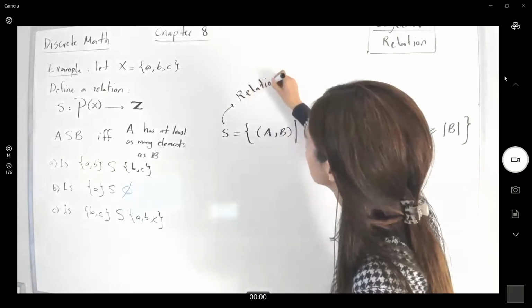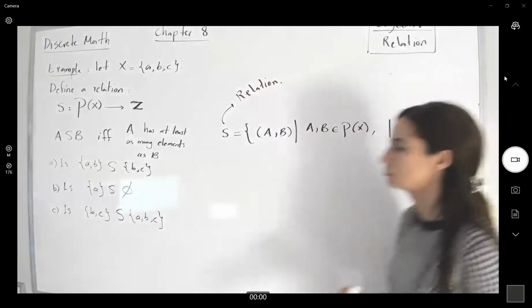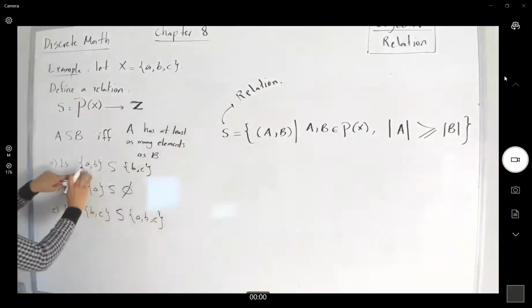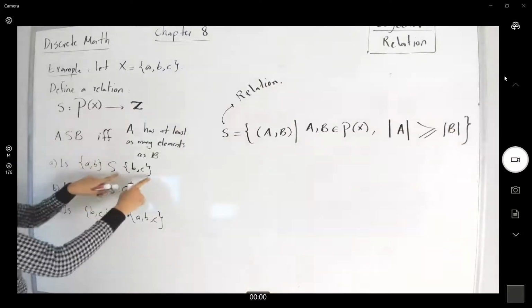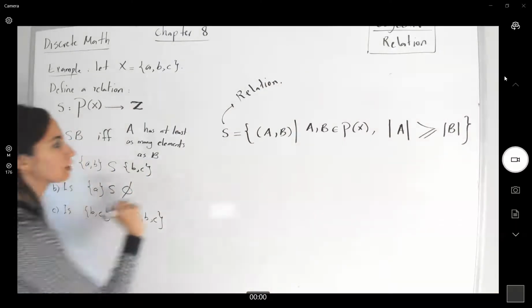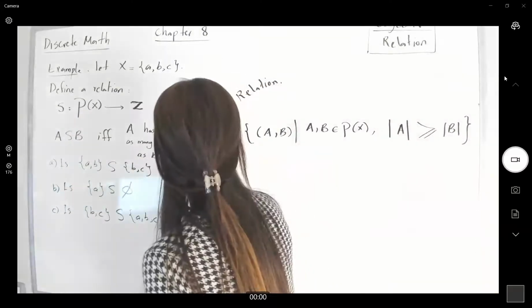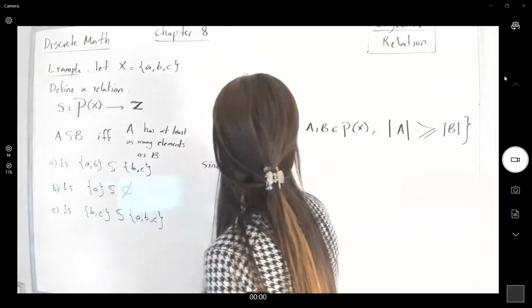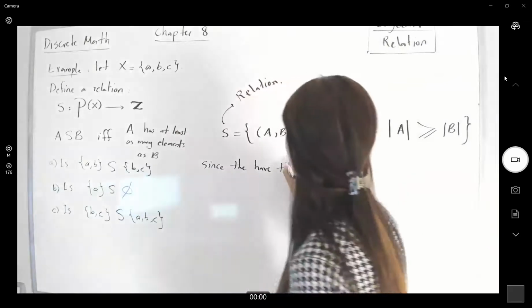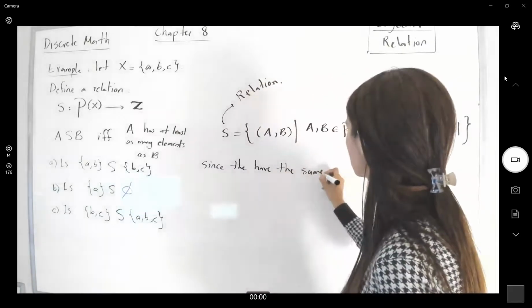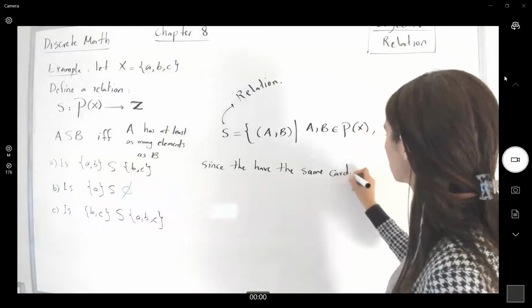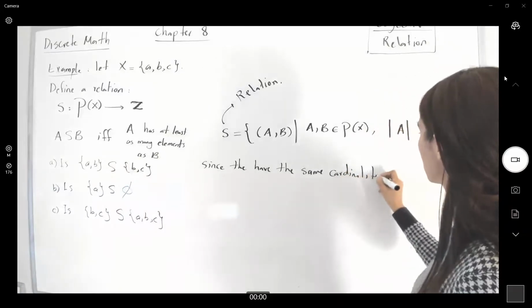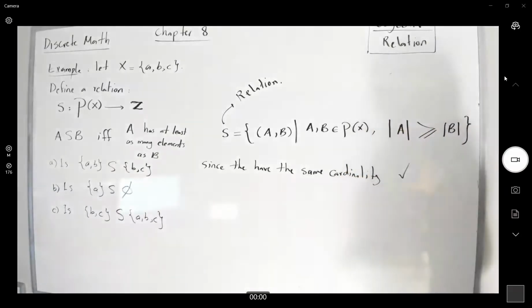So let's take a look at the first one. The cardinality of this set is 2. The cardinality of this set is 2 as well, since they have the same cardinality. It is true.